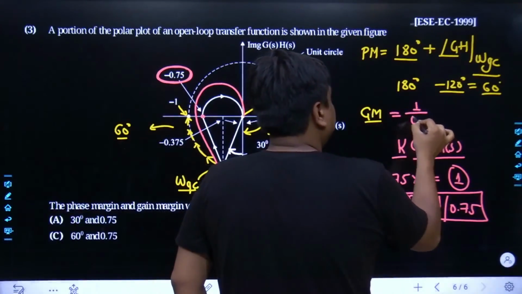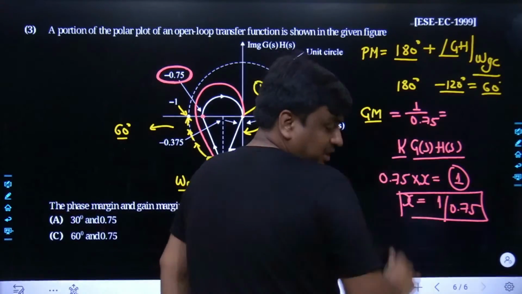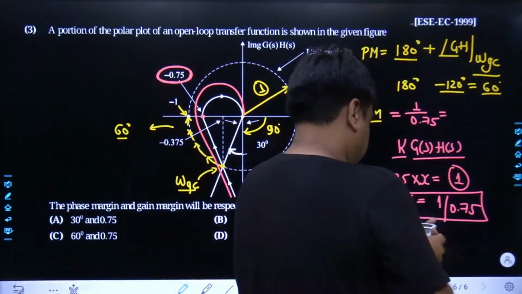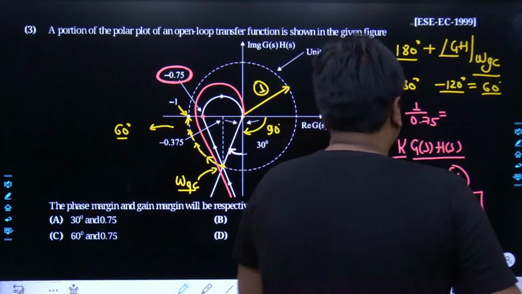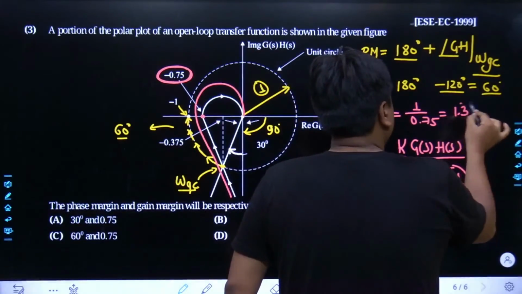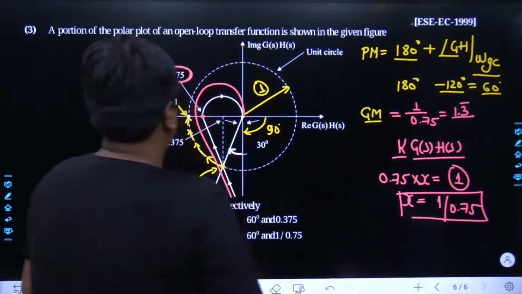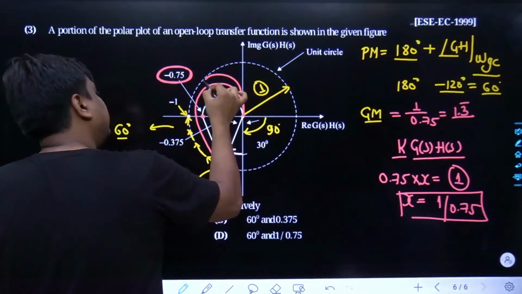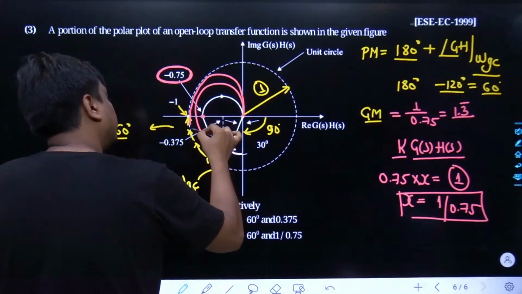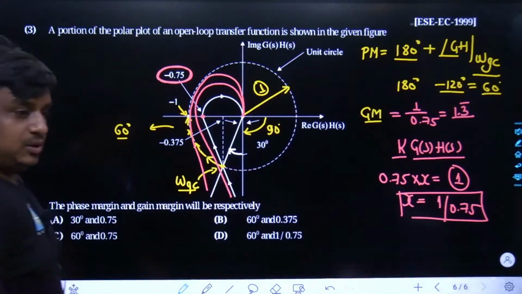It's 1 divided by 0.75. Obviously, it would be greater than 1. 0.75 inverted gives 1.33 or 1.3 bar. And as you provide the gain as 1.3 bar, precisely it would be crossing through this.